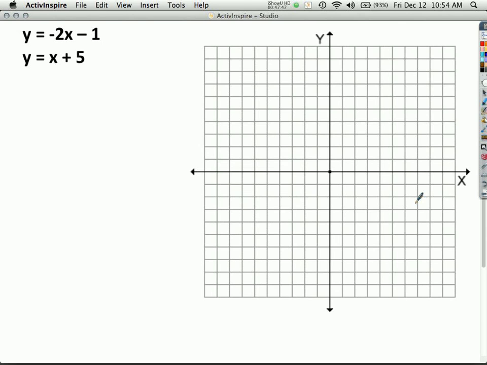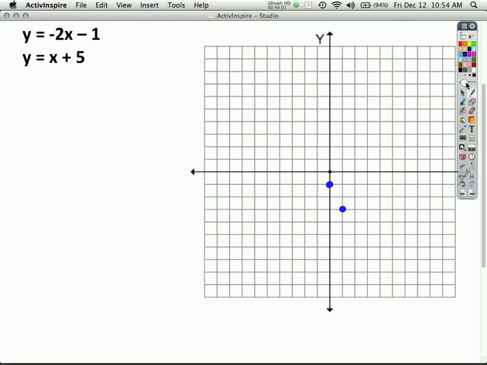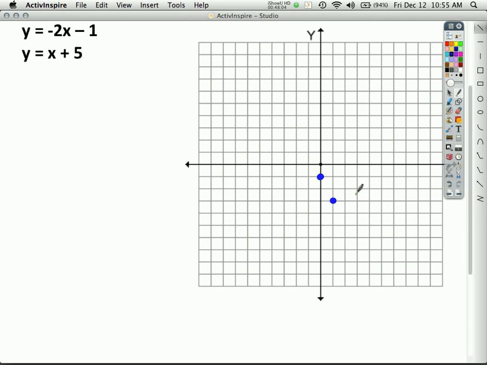Here, it's negative 1. So all I have to do is put a point at negative 1 and then use my GPS, negative 2 over 1, to get my next point. Down 2 over 1, put a point, and now I can draw my line through it. Make sure you draw an incredibly accurate line.